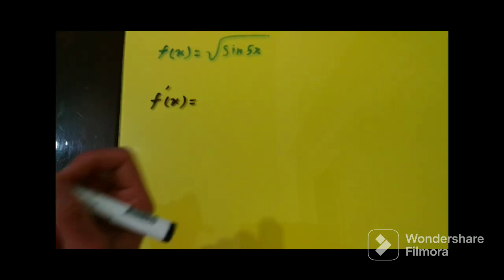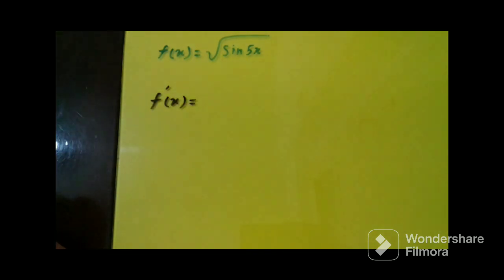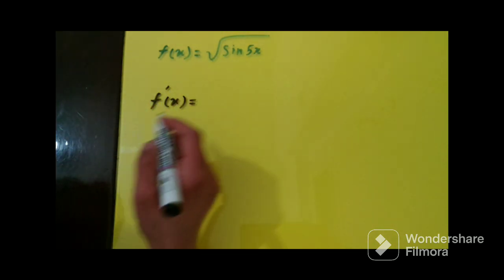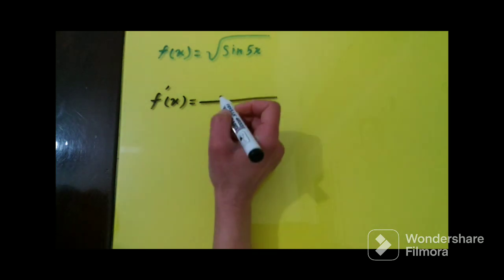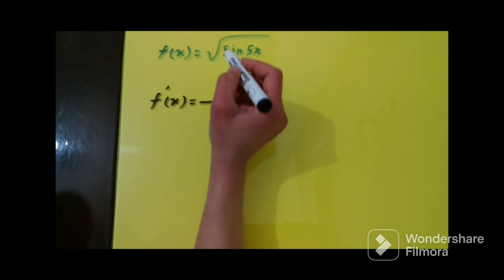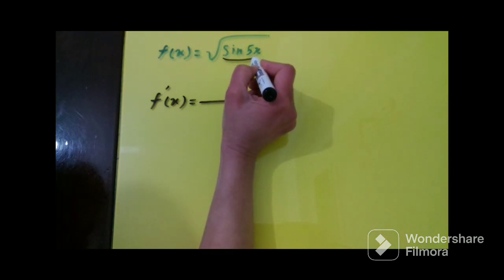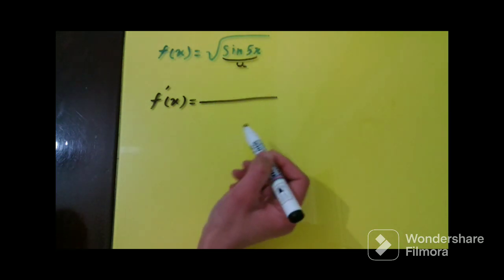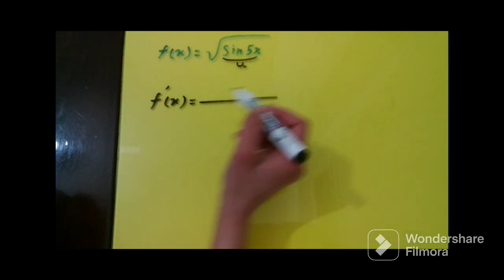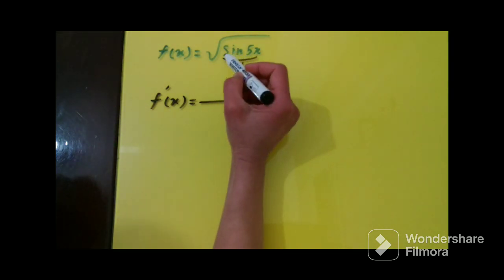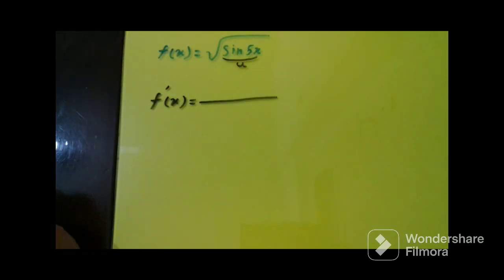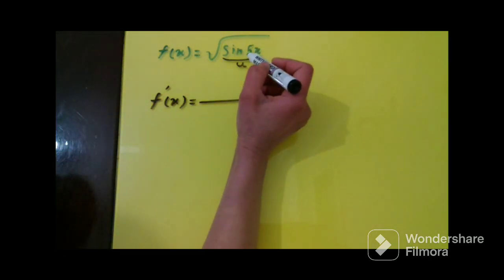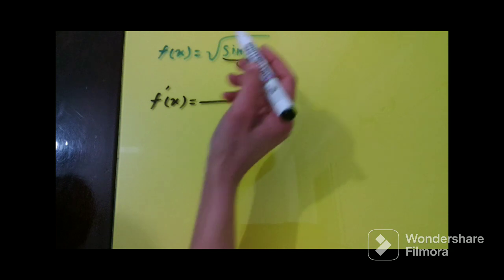Okay guys, another radical function. According to the rule for up, we have u prime. This term is u. So you should get the derivative of this term for up. As this term is a trigonometric function, so according to the rule, first you should get the derivative of this term. The derivative of this term is the coefficient.